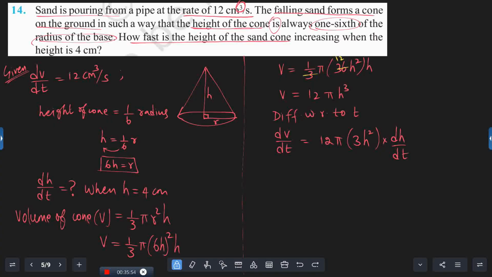Carefully you go, you never make a mistake. dV by dt we have is 12. So 12 is equal to 12 pi into 3 times h square, and h is 4, they gave. 3 into 4 square into dh divided by dt.